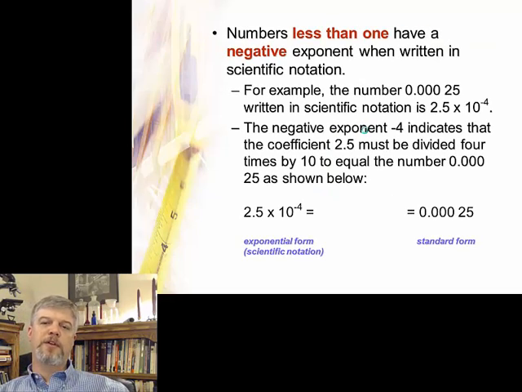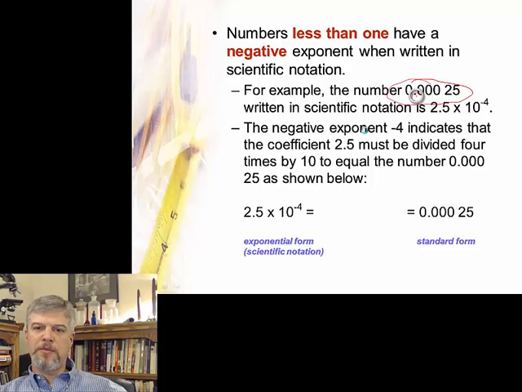Now, if you're looking at a tiny number, a number that's smaller than 1, then it's going to have a negative exponent when you write it in scientific notation. So here's an example, a decimal number over here, 0.00025, this one. And we want to write that in scientific notation, and we find where the decimal place is located now, right there, and we need to move it until we get a number between 1 and 10.